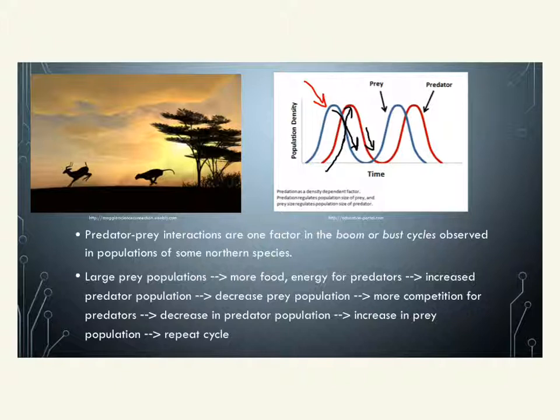Now there's fewer predators, and so our prey is going to start to rise again, right? And you can see that the cycle is just going to continue. This is observed in many different places, particularly in some northern species. We see this boom or bust cycle observed.